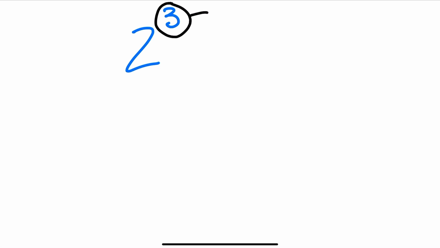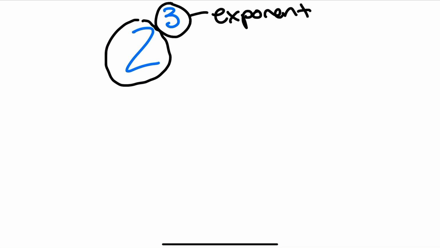So an exponent is going to be if you have a situation like this. This guy is going to be our exponent. So let's write that. This is our exponent. And this is going to be our base, or our base number.